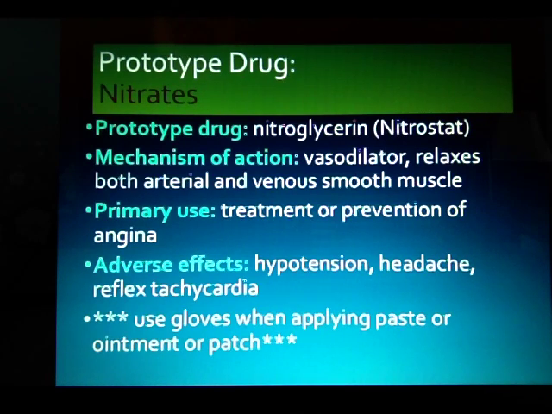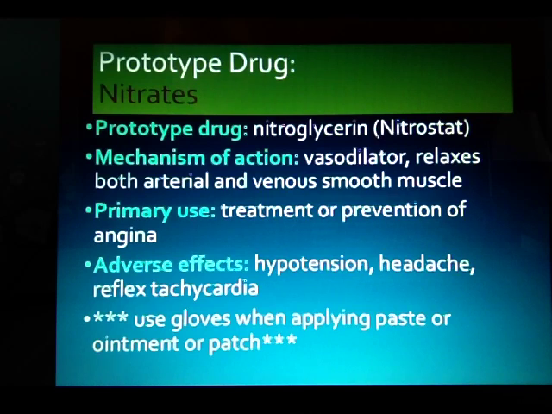Reflex tachycardia can also occur, just like we talked about with the direct vasodilators of the antihypertensives. If we dilate those veins too much, then the body reacts by increasing the heart rate. The caution at the bottom is to use gloves when applying paste or ointment or applying a patch. Can you think of why this would be?